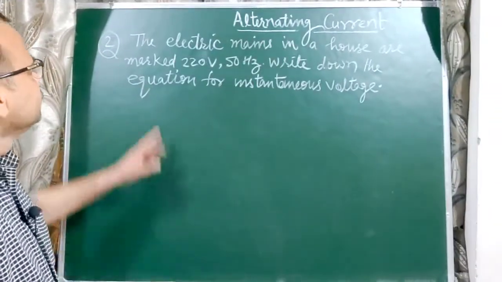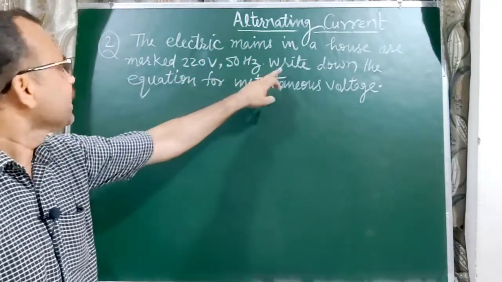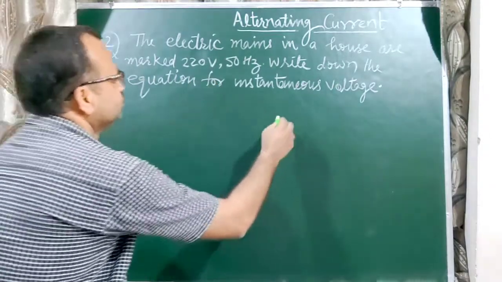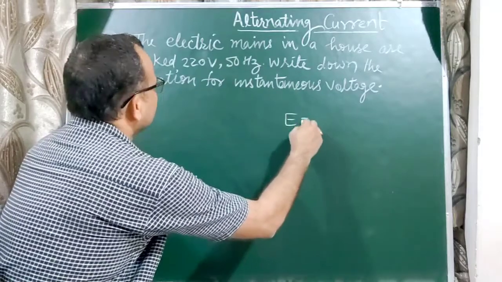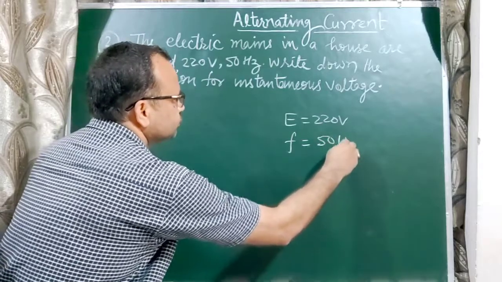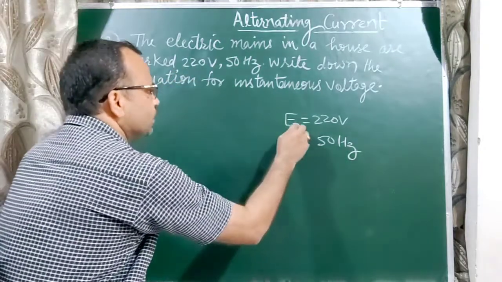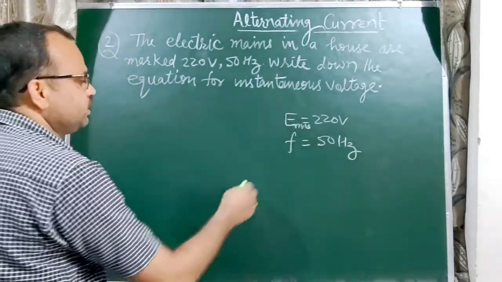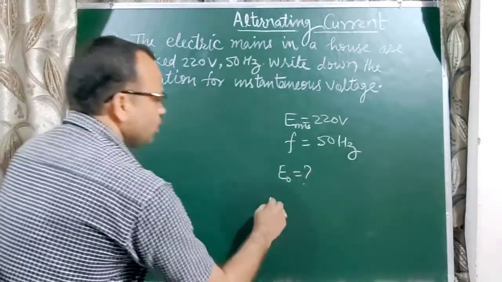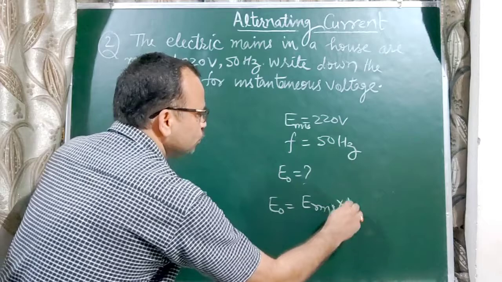Now move to second problem. The electric mains in a house are marked 220 volt, 50 hertz. Write down the equation for instantaneous voltage. Okay, so here it is given that E equal to 220 volt and f equal to 50 hertz. So this value given is RMS value. First we find E naught, means peak value of voltage. So E naught equal to ERMS into root 2.